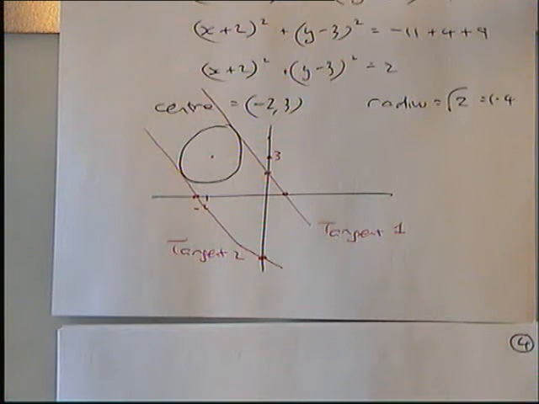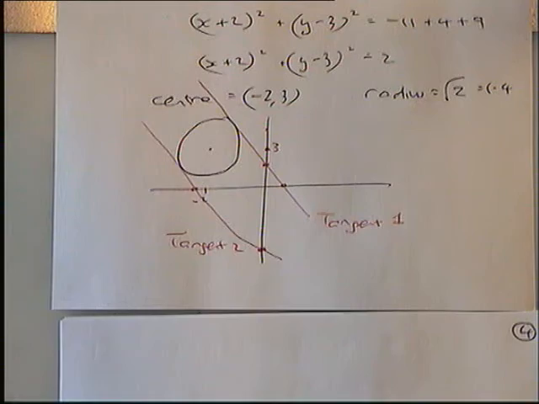I've got a line touching a circle. We had a line touching something last time. What did we do if something touched something? It's a point of intersection. What did we do last time? Yeah, okay.